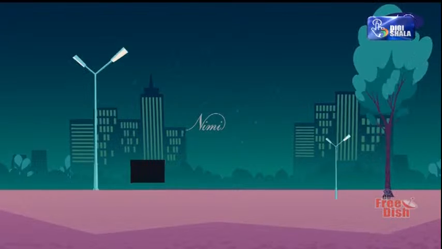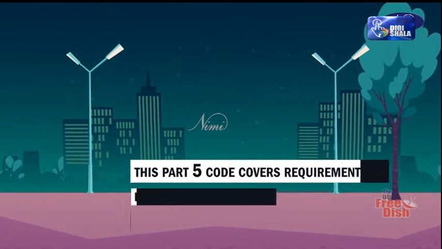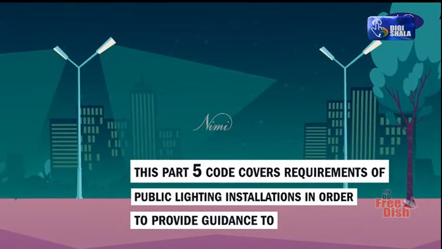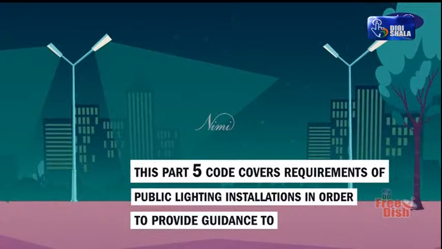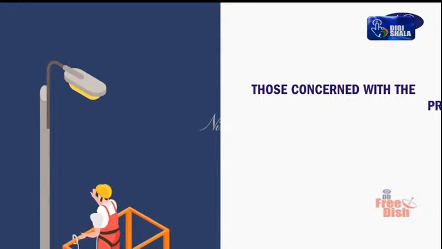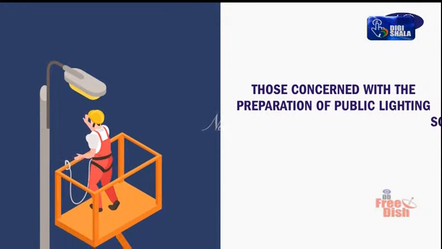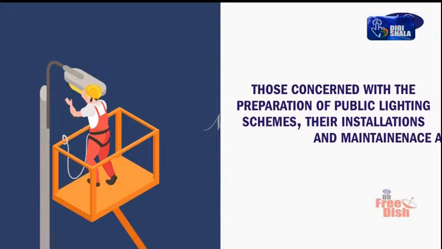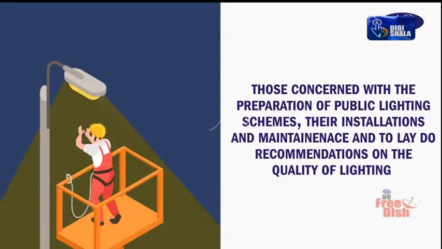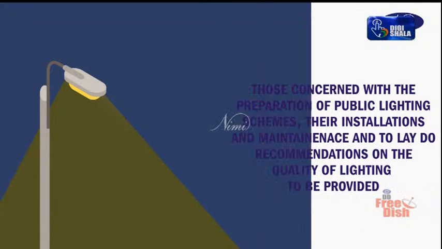This Part 5 Section 1 of the code covers requirements of public lighting installations in order to provide guidance to those concerned with the preparation of public lighting schemes, their installation and maintenance, and to lay down recommendations on the quality and quantity of lighting to be provided. This section deals only with electric lighting sources and does not include gas or other types of lighting.